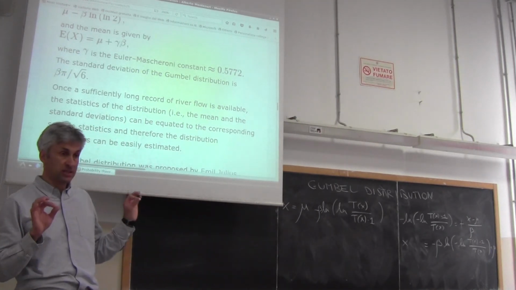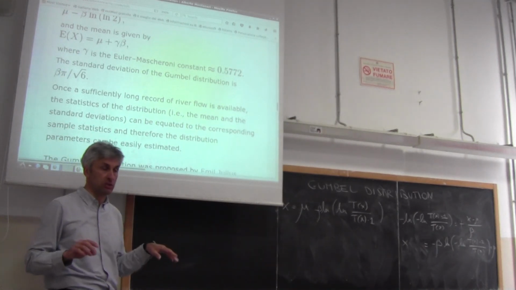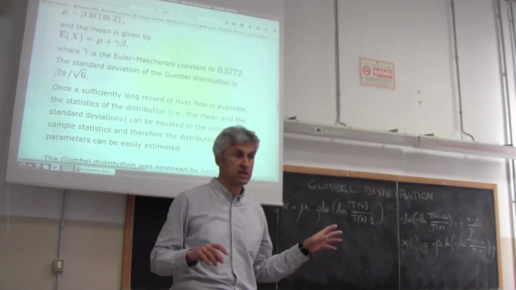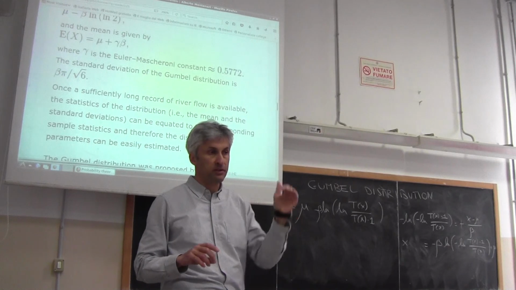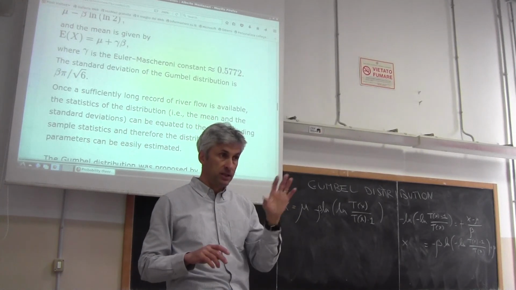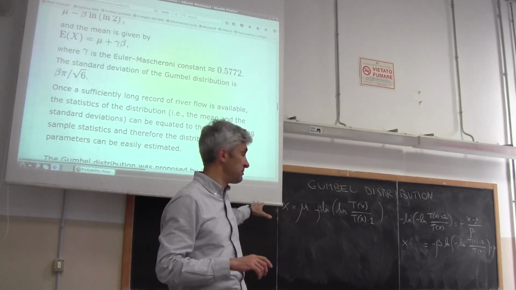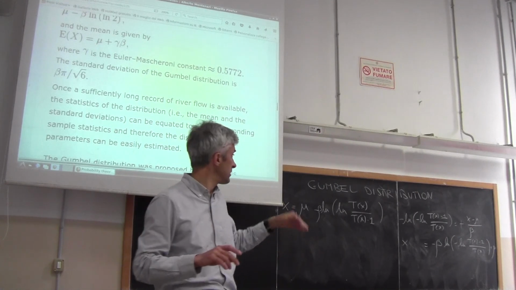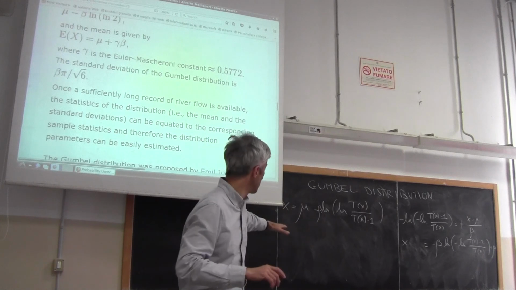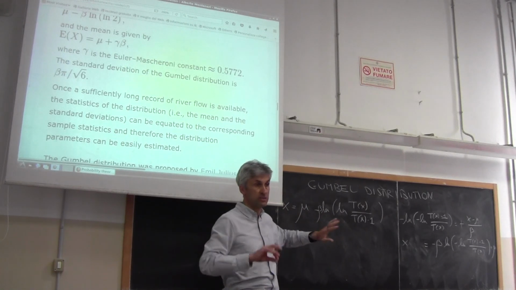So it is indeed extremely simple. If you make this computation in Excel, it takes less than 2 minutes. If you give me the series of the Po River already with the annual maxima, it takes me less than 2 minutes to compute the peak flow. Because I compute average, standard deviation, and then mi and beta, and then I go inside this relationship. It's very easy.